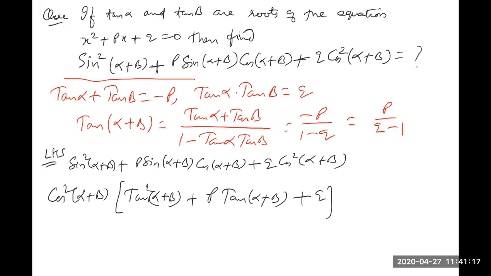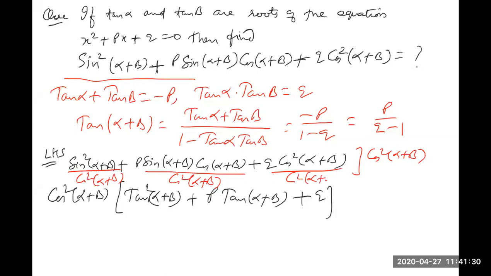Here the cos alpha plus beta will cancel; sin upon cos is tan, and this complete part will cancel. So q.